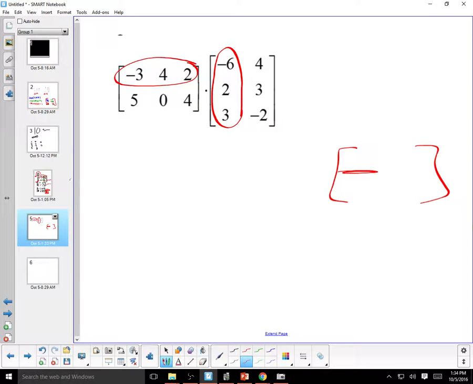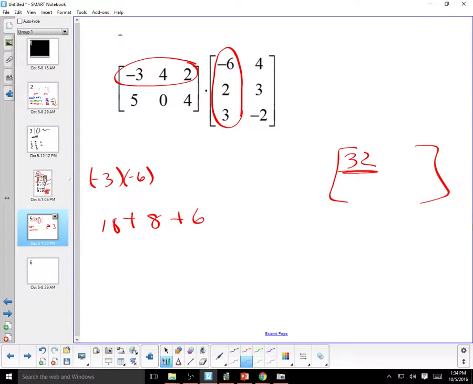So, -3 times -6 is 18, plus 4 times 2, 8, plus 6, what is that? 32. 32 goes right here.